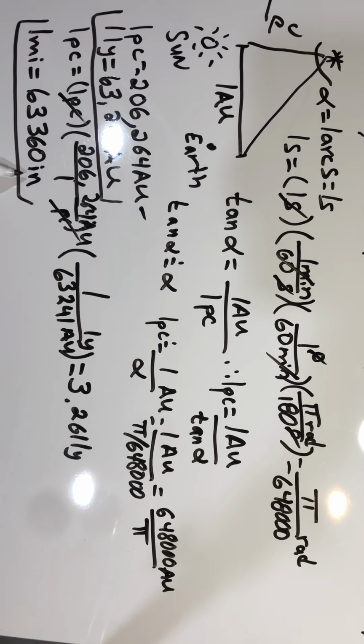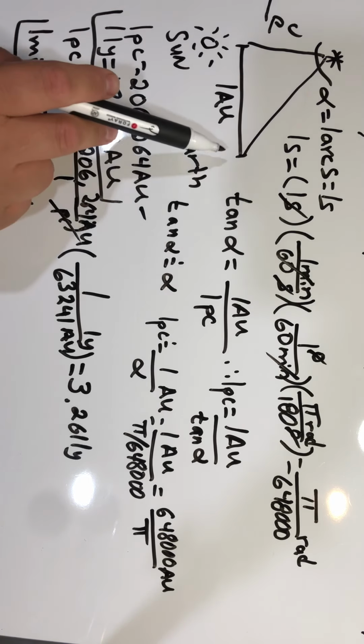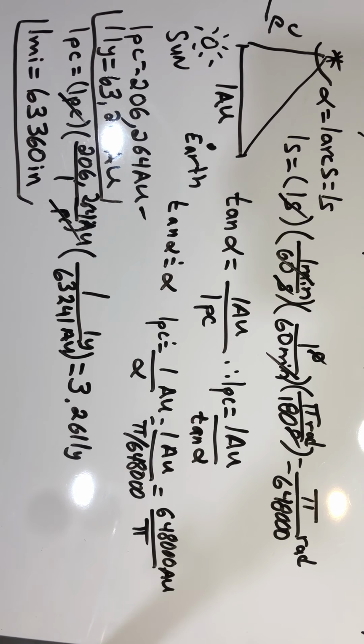If every inch is going to represent an astronomical unit, and we already talked that 1 astronomical unit is such a big distance that if you were to drive at about 65 miles an hour, it would take you from the Earth to the Sun 163 years. I find that interesting because using this scale, the scale of 1 mile, the scale of 1 inch equals 1 astronomical unit, we can say the star Proxima Centauri, which is 4 light years away, in a way is 4 miles away by comparison.